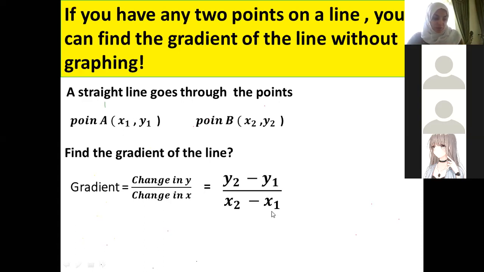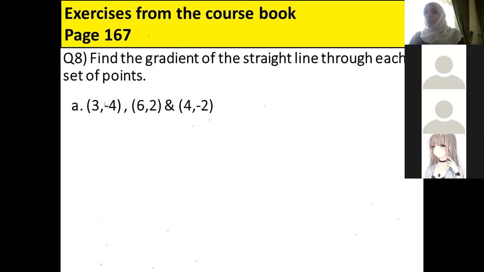Is that clear? Okay, let's take an example. And our example will be directly from the book. So I want you to check your exercise number 8 from our book, page 167. I will give you a minute to read the question carefully. Then I will take participation. So thank you, Yahya, Sami, and Selene. Please lower your hands. Read the question step by step.